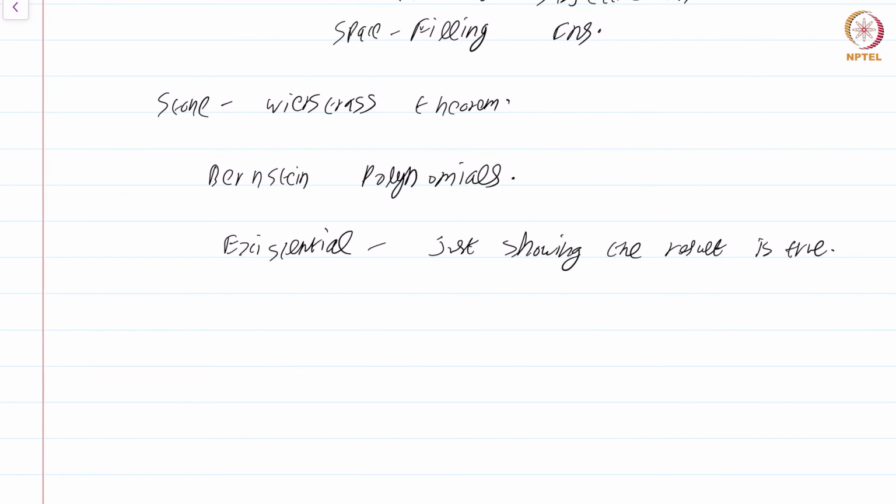So you need data about the function only at some points, and you actually get a very good approximation of this function. So the motivation for approaching this proof via Bernstein polynomials is to have what is known as a constructive proof. A proof that not only gives you the fact that there exist polynomials that do the job, but actually how to get those polynomials if you have some data about the function.